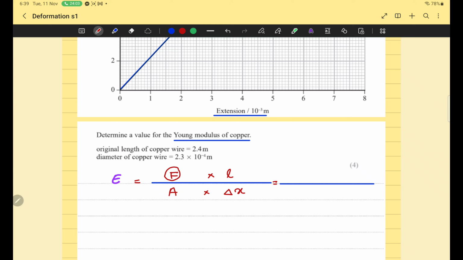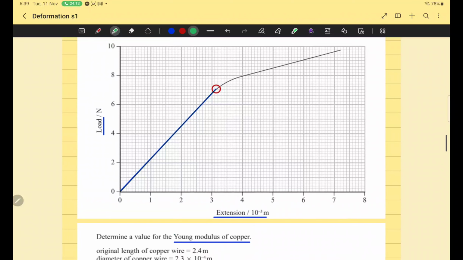Sir, force and extension. These two values we should select from the graph, and from the graph only the straight line portion. Why? Because if we are calculating Young modulus, then Hooke's law must be obeyed, and to obey Hooke's law, the graph must be a straight line.